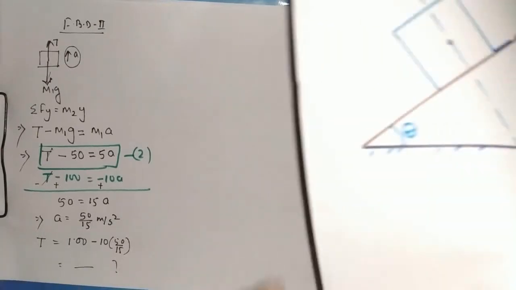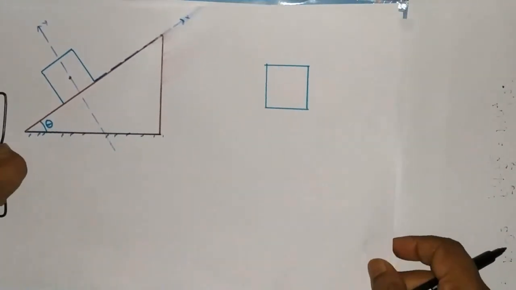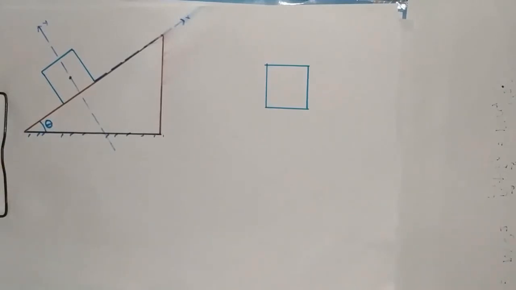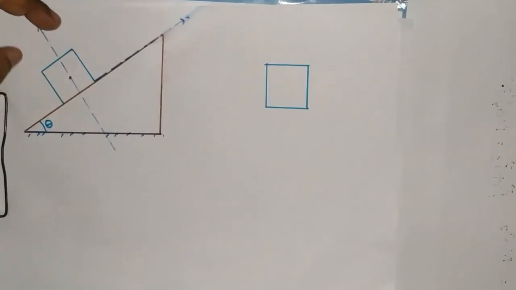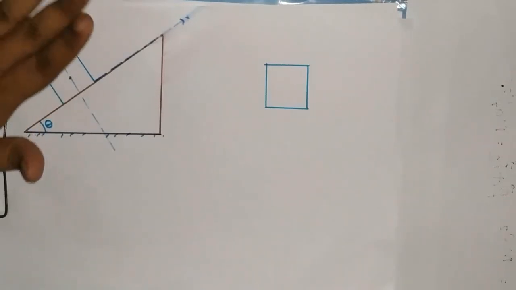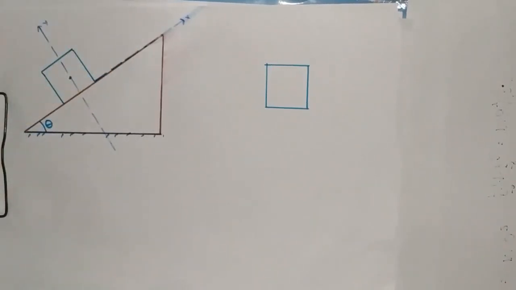Let us go for the last free body diagram case for today's concept. Let us focus on it here. For this type of case, this is a slope. The body is just at rest in that situation. How to draw the free body diagram?